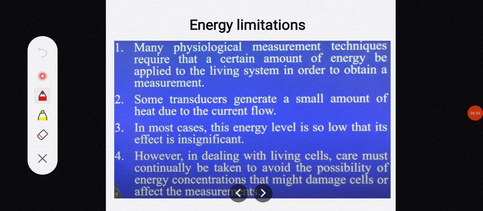And the last one that I am going to discuss is safety considerations.